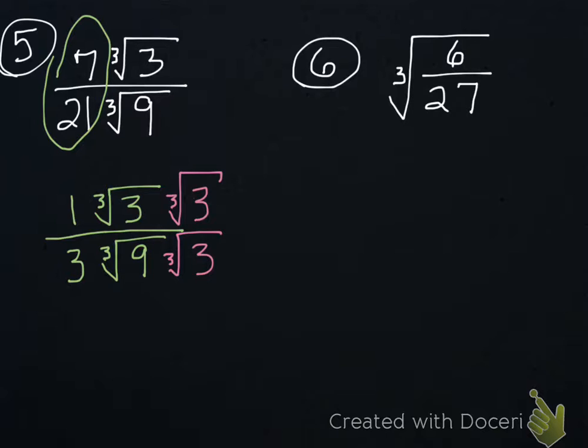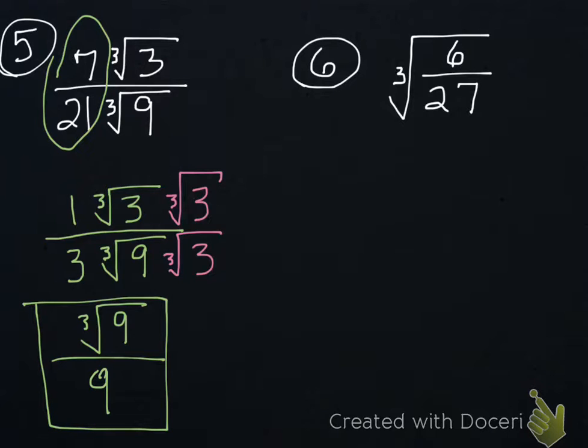So on top, I end up with the cube root of 9. On bottom, I end up with 3 times 3, which is 9. This is my solution. No, we cannot reduce the 9s. One's under a radical and the other one is not.